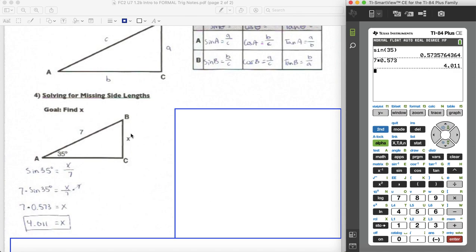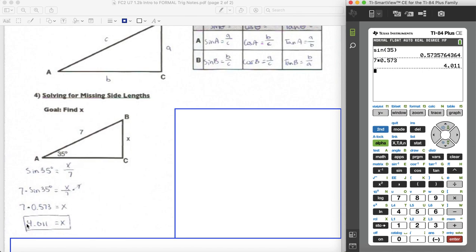Now, how can I check to make sure that this works? Well, didn't I say the sine of theta should equal opposite divided by hypotenuse? Shouldn't it equal this ratio? So the sine of 35, if we look back at our calculator, the sine of 35 degrees equals 0.573. But we also know that the sine of 35 should be the same thing as this ratio, x divided by 7.